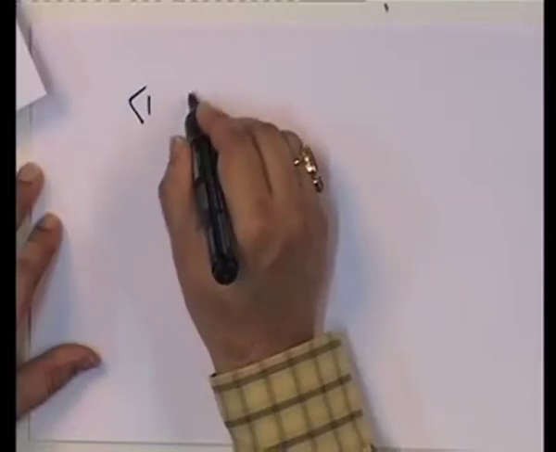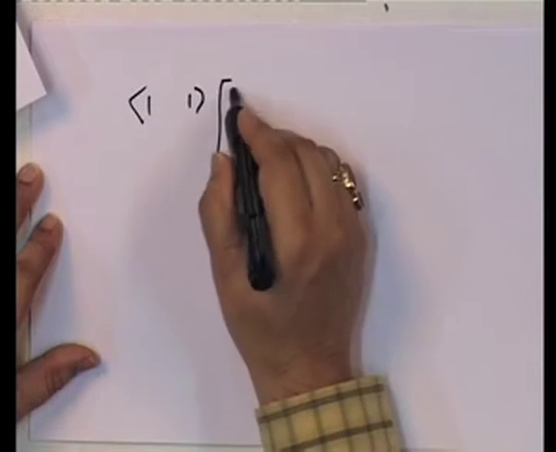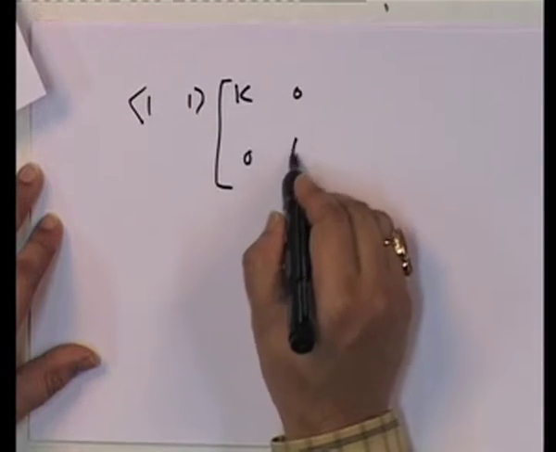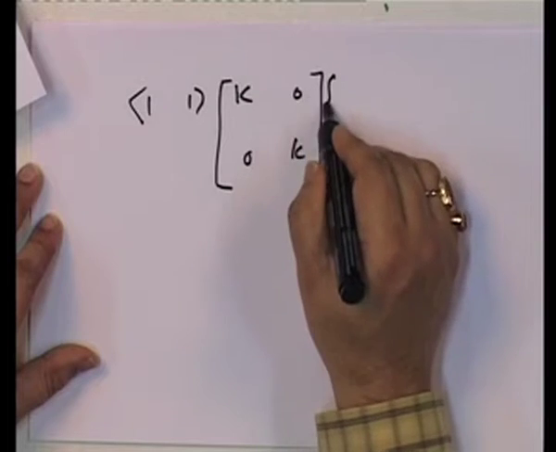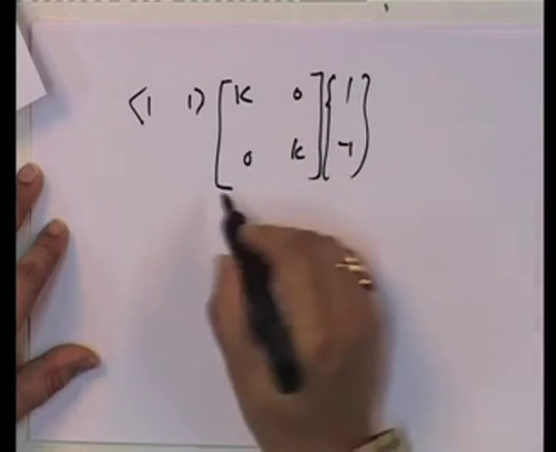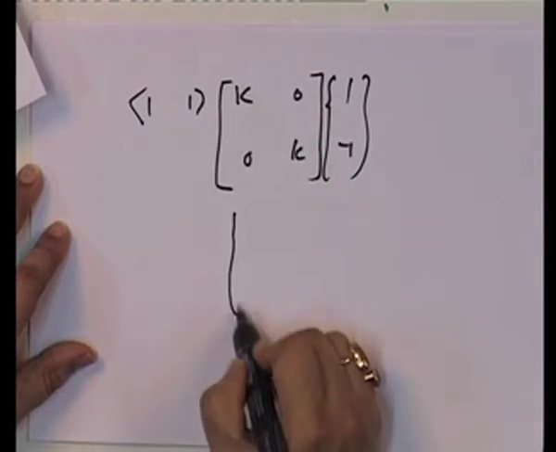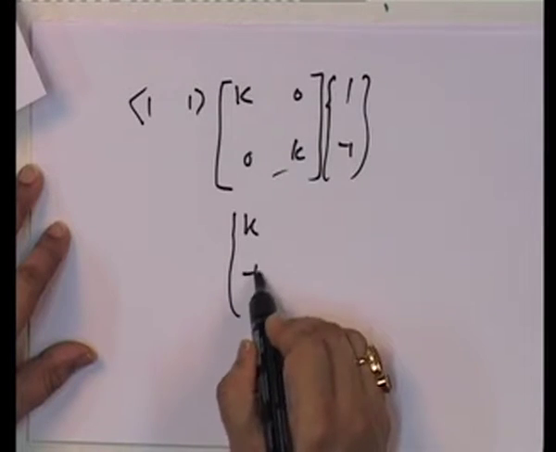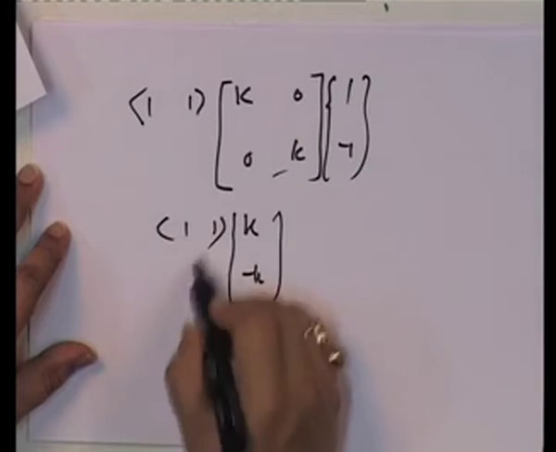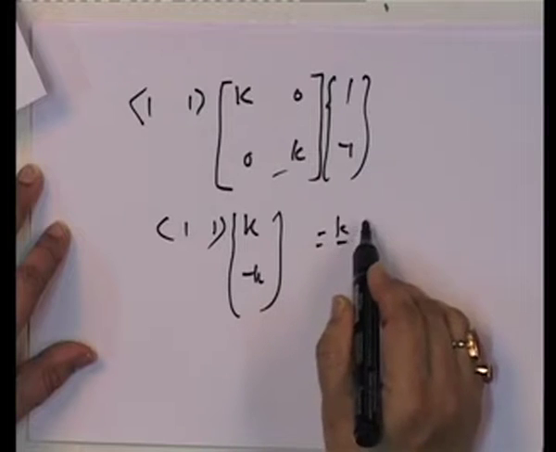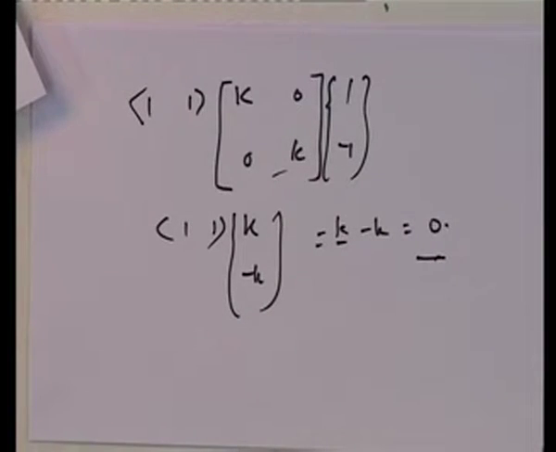This is 1, 1, and the stiffness matrix is k, 0, 0, k, times 1, minus 1. So this becomes k, this one becomes minus k, times 1, 1, which is k minus k, equal to 0. So all orthogonality is maintained.